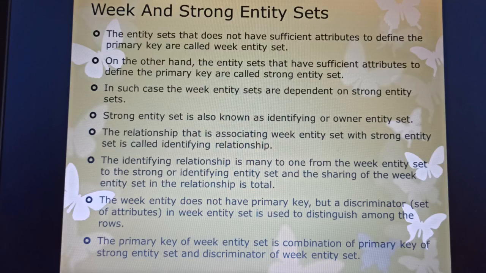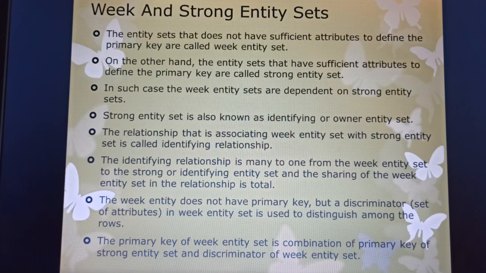The relationship associating a weak entity set with a strong entity set is called an identifying relationship. The identifying relationship is many to one from the weak entity set to the identifying entity set, and the participation of the weak entity set in the relation is total.